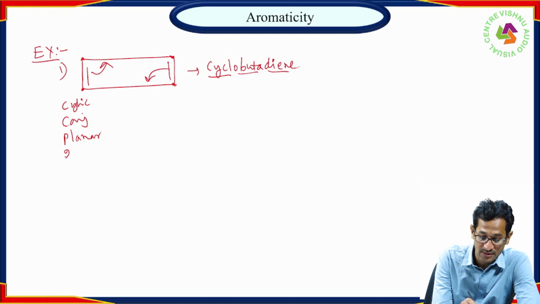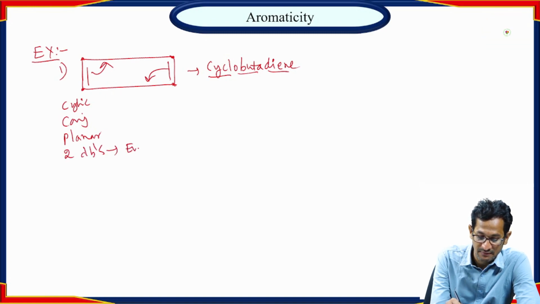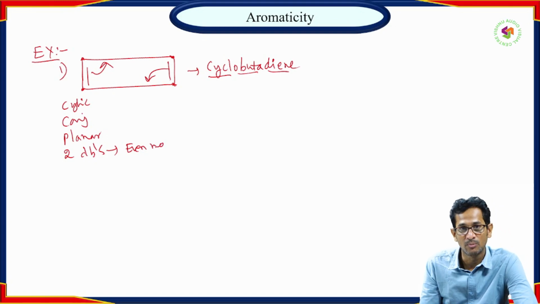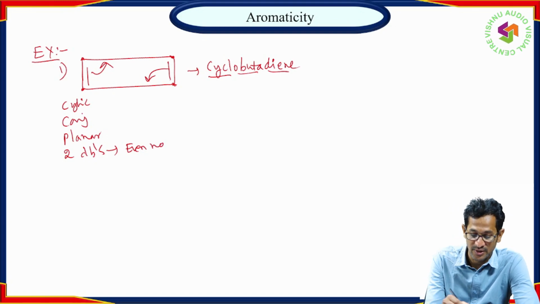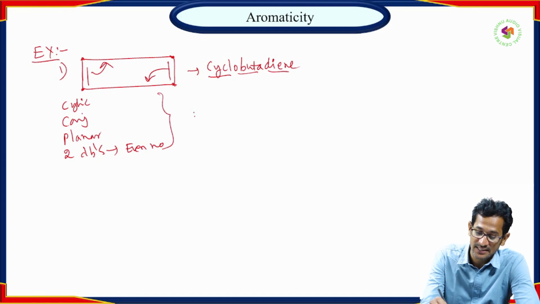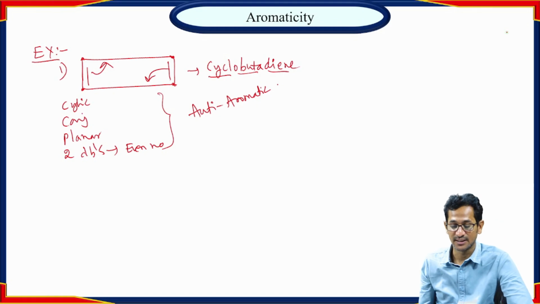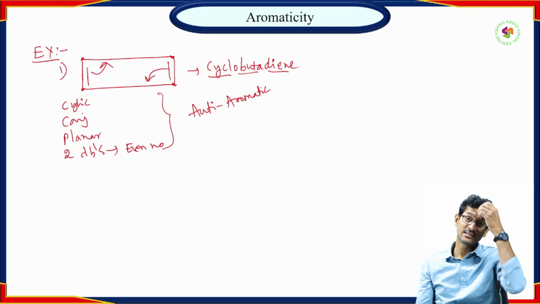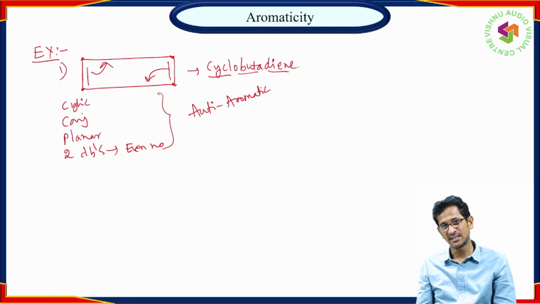How many double bonds? Two double bonds. Two double bonds means an even number. So therefore cyclobutadiene is anti-aromatic in nature.